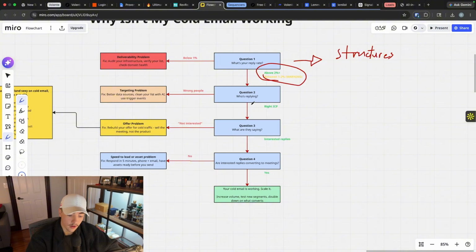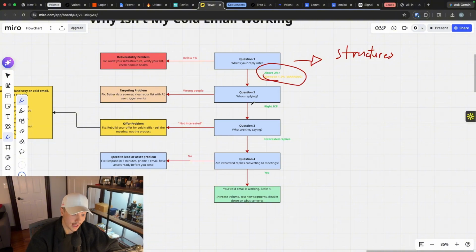One approach we use when we just want some replies coming in, which everyone wants, is trigger events. For example, another client of ours does design services for tech companies. We used Apollo as the data source, and we used a signal where someone in the last 6 months just joined a new job position.